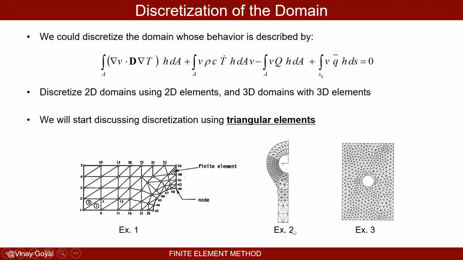In example number 2, you can see a domain of some sort of pin joint and how this structure has been subdivided into multiple elements all across using triangular elements. In example number 3, you see a plate with a circular hole, and you can also see triangular elements being used everywhere to divide the domain.